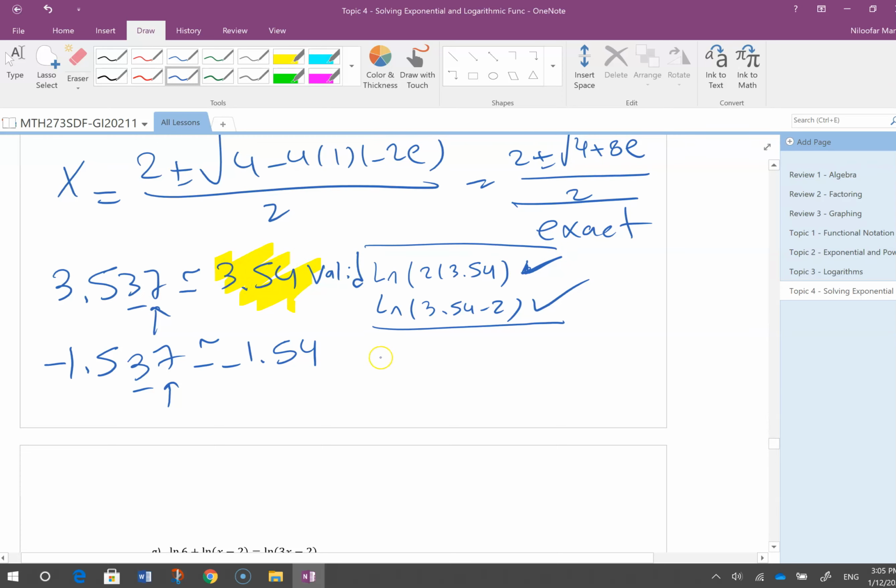I have to check here. How about this? ln of minus 1.5, this times this gives me an error. I don't even check the next one. That's not valid at all. So I have to check if my answer is valid or not.